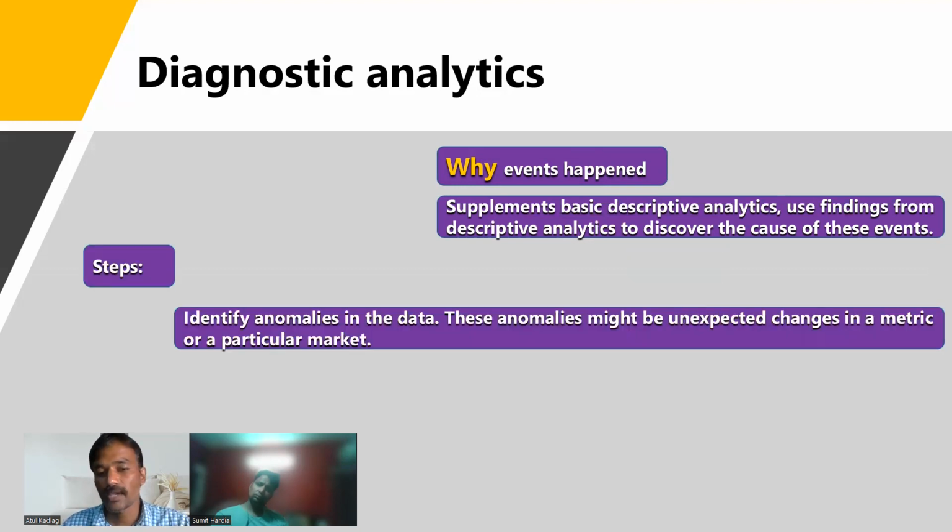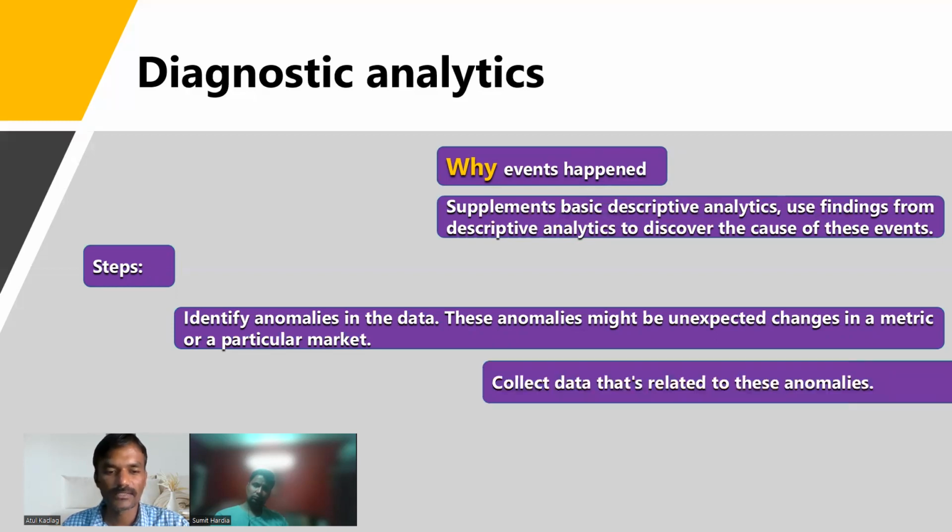What are the steps? We can identify anomalies in the data. These anomalies might be unexpected changes in a metric or a particular market, like unexpected decisions in the market, or outside changes affecting the business. We need to identify those as a step toward the conclusion of the diagnostic analysis.